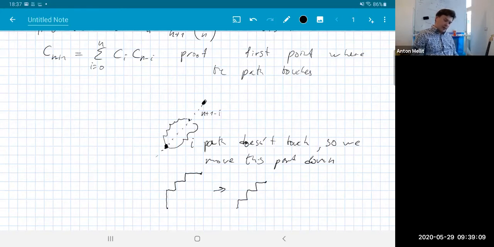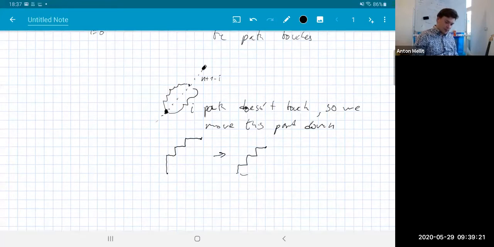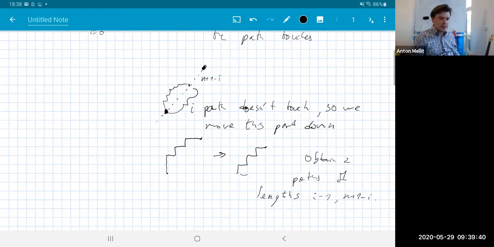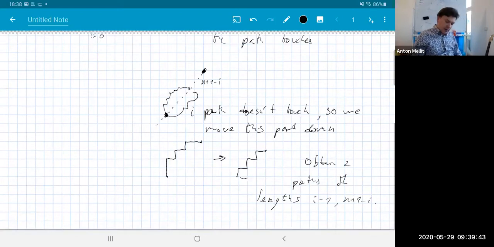So now you have to enumerate over paths of length i minus 1 and paths of length n plus 1 minus i. So we get two paths, of length i minus 1 and n plus 1 minus i. That's the basic idea.